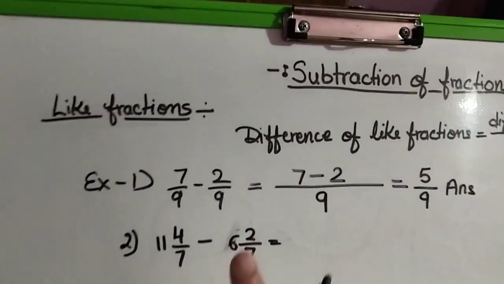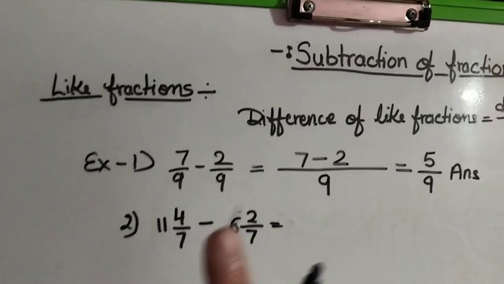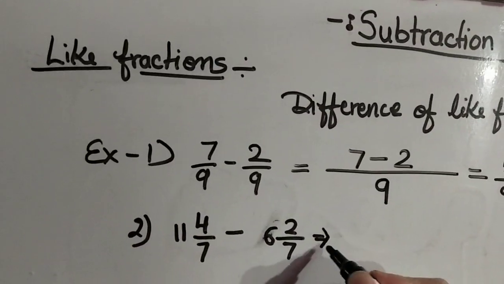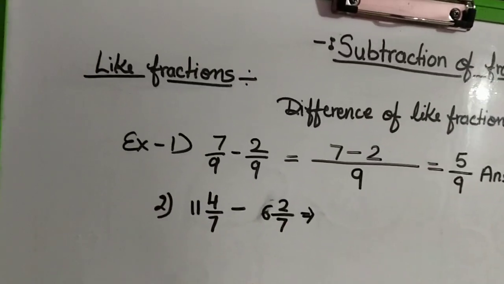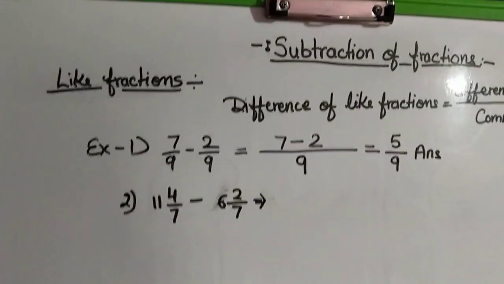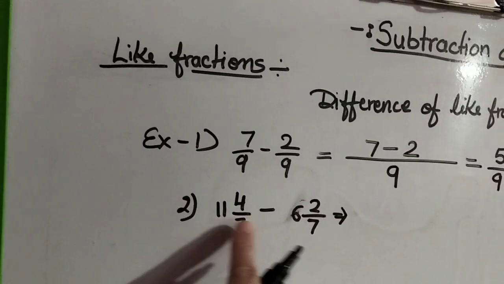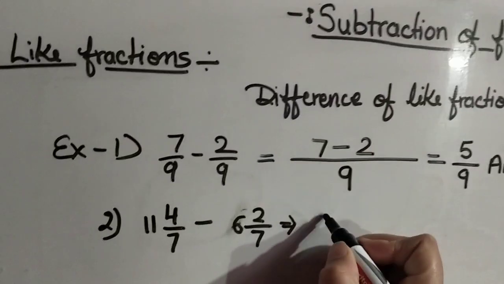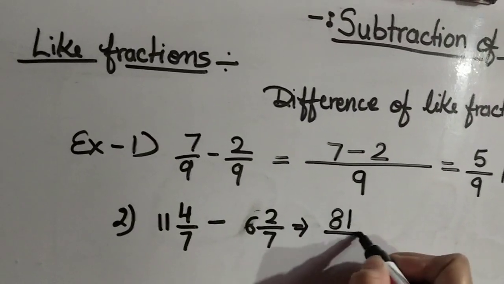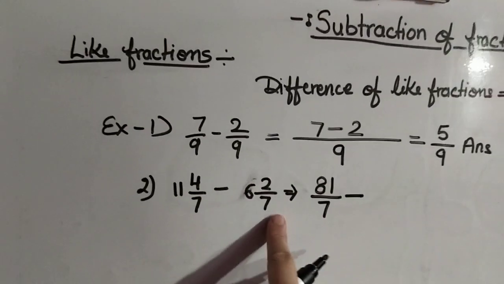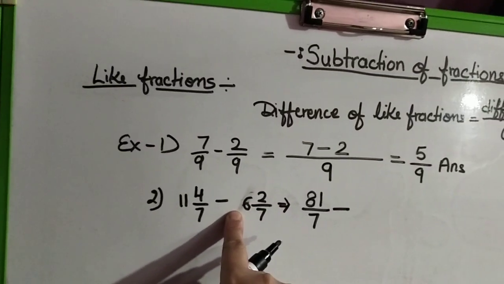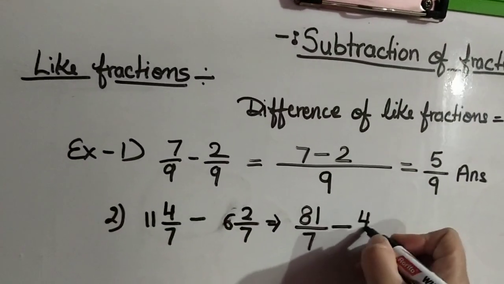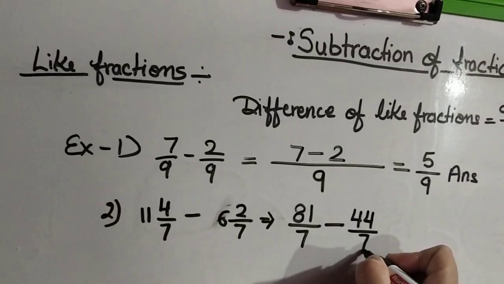So children, when we get the question in the form of mixed numbers, the first step is changing these mixed numbers into improper fractions. 7 times 11, 11 sevens are 77 plus 4, 81 upon 7 minus 6 sevens are 42, 42 plus 2, 44 upon 7.